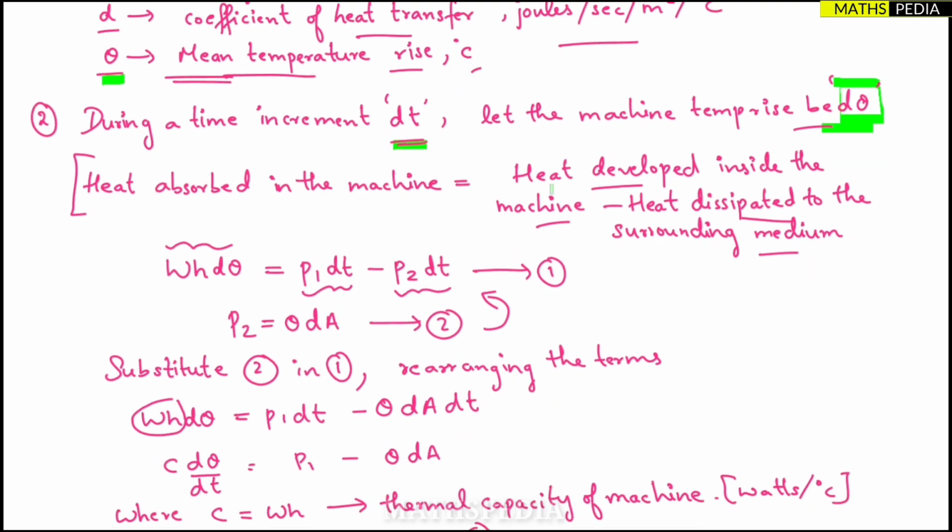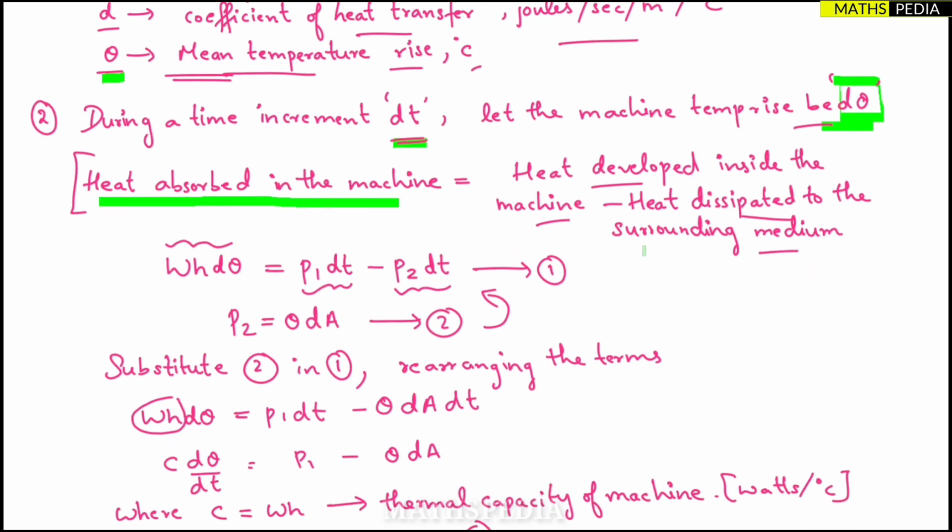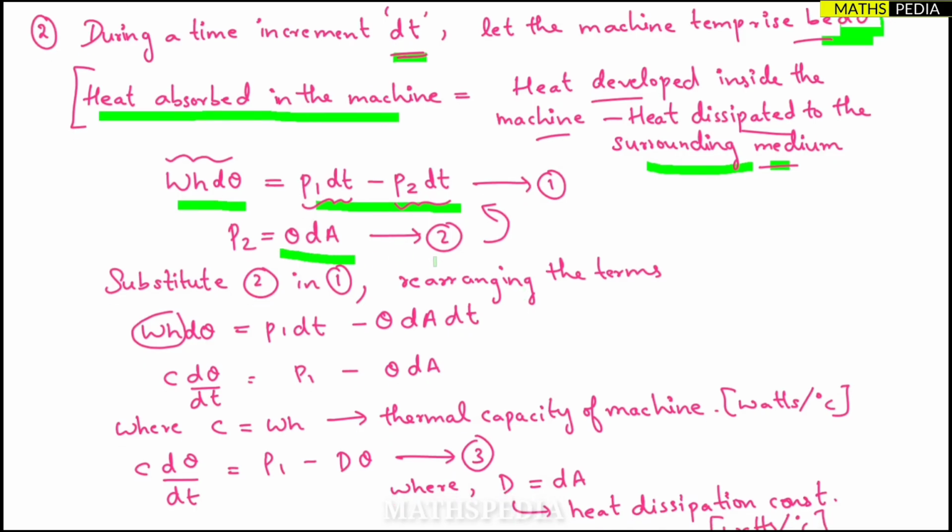This is important. Now this is the general equation: heat absorbed in the system will be equal to heat developed inside the system minus heat dissipated to the cooling medium. So that is the first and foremost equation you have to write: W h d theta is equal to p1 dt minus p2 dt, where p2 is nothing but theta dA.